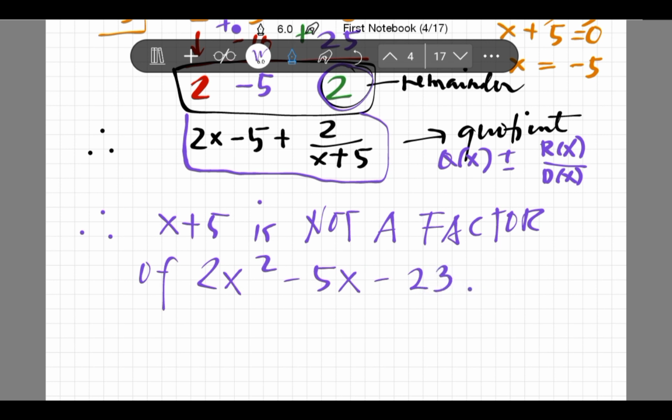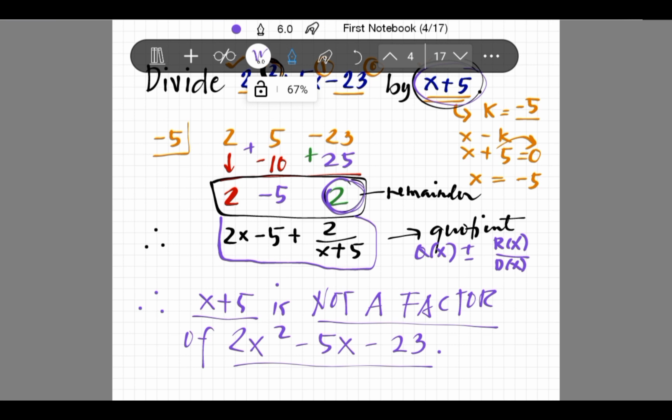On the other hand, if the remainder is 0 or if there is no remainder, then the divisor x plus 5 is a factor of the given dividend. But since here, the remainder is 2 and not equal to 0, therefore, the divisor x plus 5 is not a factor of the given dividend. Okay?